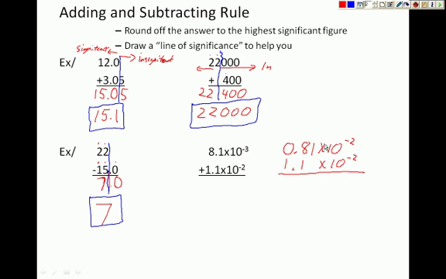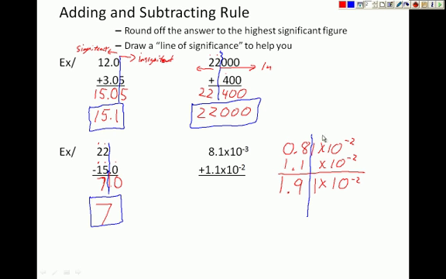Okay, so now that I'm adding it up, this is going to stay the same, times 10 to the minus 2, and I just add this straight up. But before I add this up, just like all my other questions, I'm going to draw my line of significance. So I draw my line of significance right just like that, and I then add it up. So 1.91.